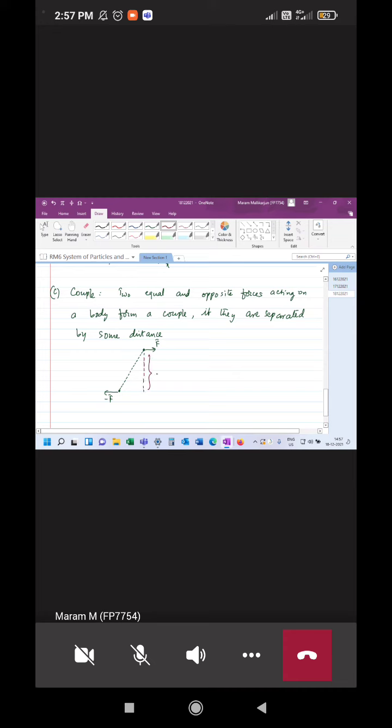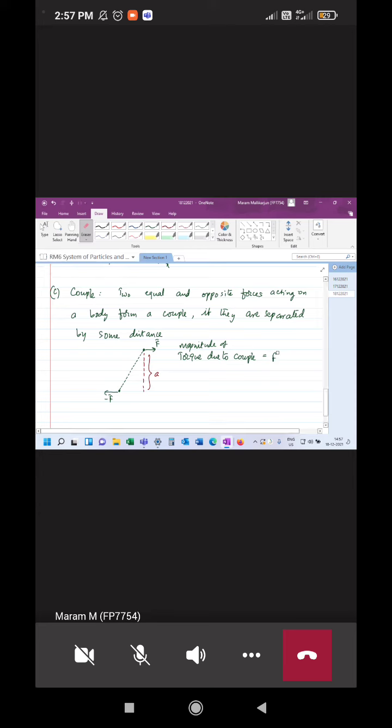To a couple, if you take this perpendicular distance as A, what is the torque then? Torque due to a couple is equal to F into A. I can say the magnitude of torque due to a couple is equal to F A. What is A?